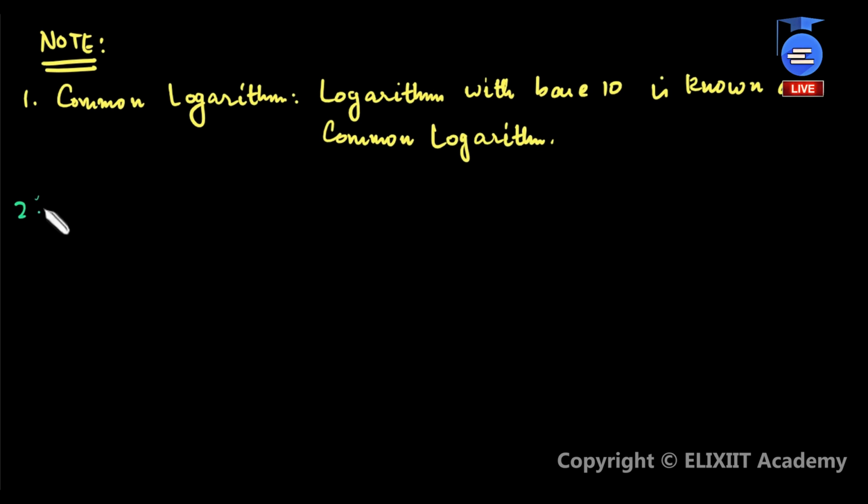The second one is natural logarithm, a more fundamental logarithm, which has applications in calculus as well. If it is not mentioned, you are going to consider the logarithm to be natural log. Natural log means ln x. Natural logarithm is basically the logarithm with base e.